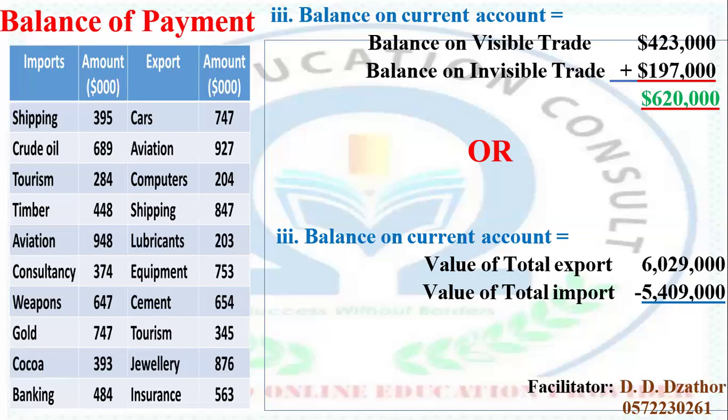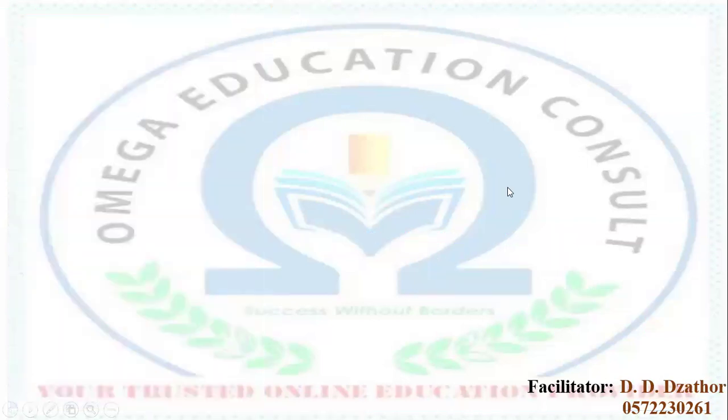Taking note that balance on current account captures both visible and invisible goods, as against balance of trade that captures only visible goods. Right. So that is it for the balance on current accounts. I hope you understood it. You have to go over again and then do the computations on your own.